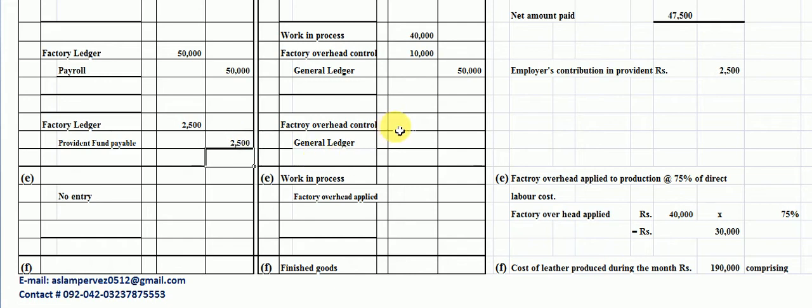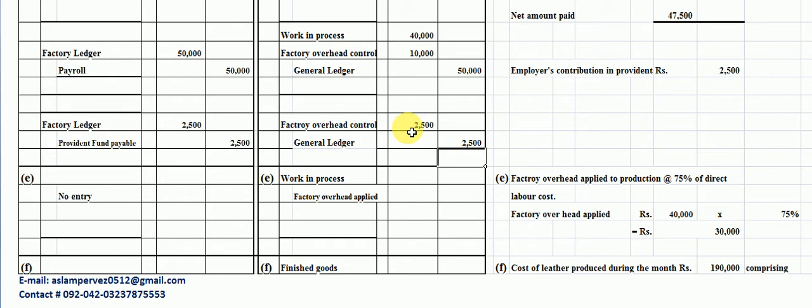Now, in the factory office book, the provident fund amount is charged to the factory overhead control 2,500 rupees, and the general ledger is 2,500 rupees. So, this is the entry against the employer contribution in the provident fund.